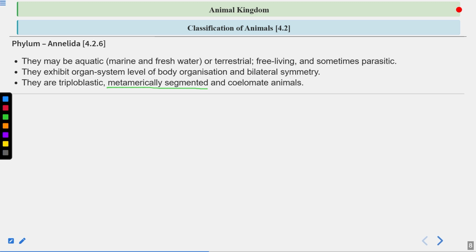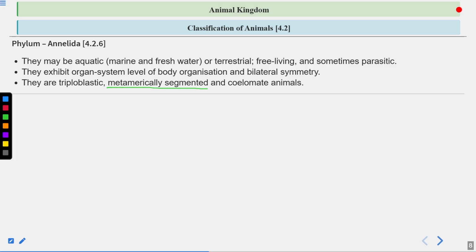When you see an earthworm, you can see the segments. The body is divided into small segments, and the size of the segments is almost the same. When you cut the organism, you can see the segmentation demarcation from inside also, from outside and from inside. You can see the lining of the segmentation, right? And one more important thing, there is a repetition of certain organs in the segments. What does this mean?